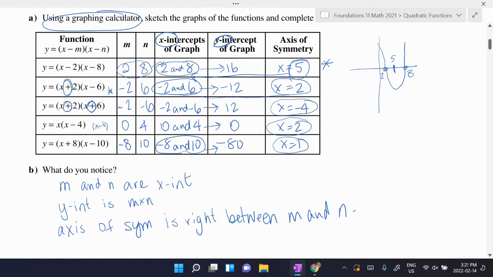So in this form, when you write y equals a times (x minus m) times (x minus n), you can get a lot from this form, okay?